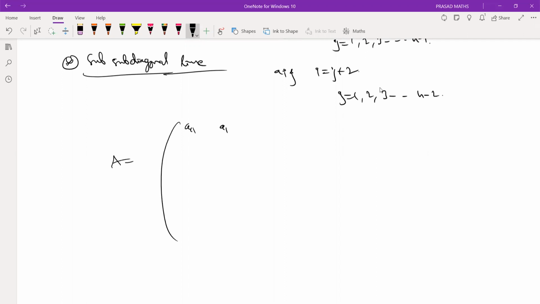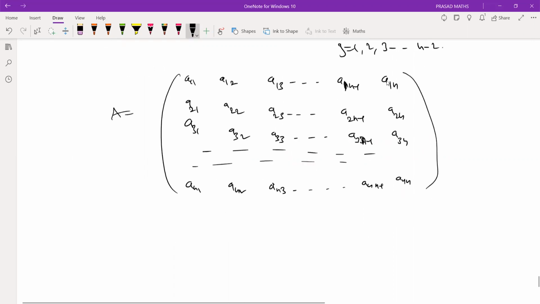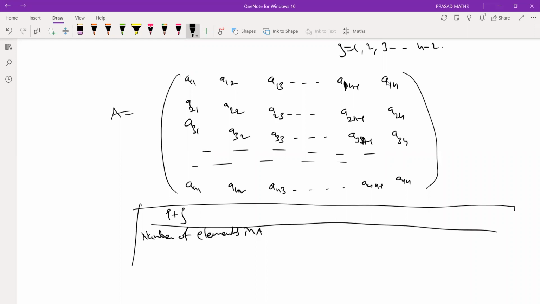A11, A12, A13, A1,n-1, A1n; A21, A22, A23, A2,n-1, A2n; A31, A32, A33, A3,n-1, A3n; next An1, An2, An3, An,n-1, Ann. Now the question is: the number of elements in A whose sum of the suffixes is 2.